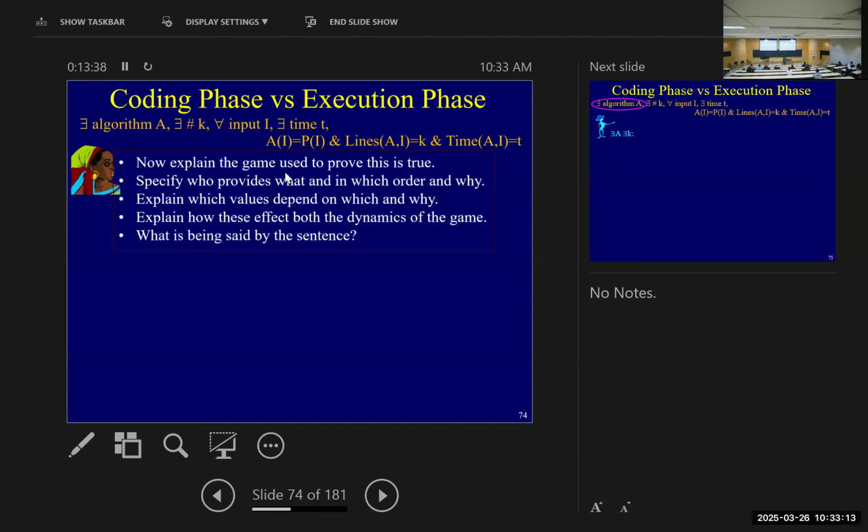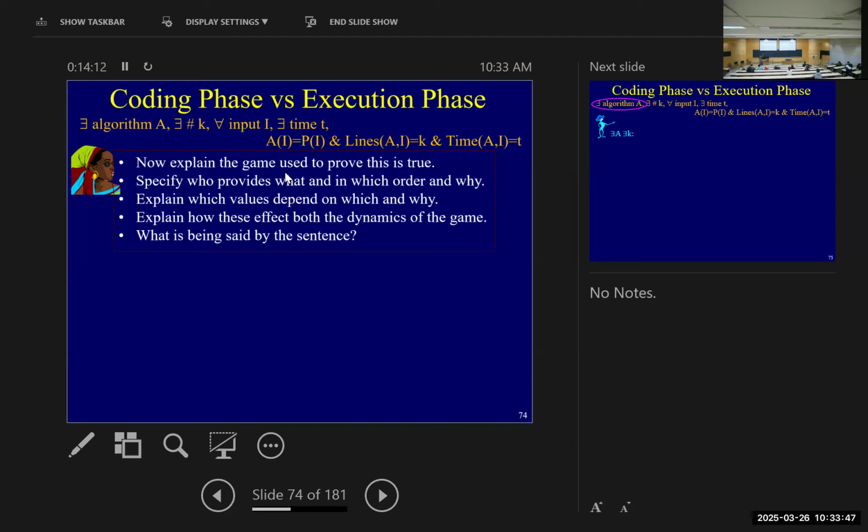So if I were to read this out of the blue, what would I say it says? P is my free variable, so this is saying something about P. It's saying that P is computable. But when it's computable, it needs a finite number of lines of code, and it needs to halt in a finite amount of time, and the time depends on the input, but the number of lines of code doesn't depend on the input.